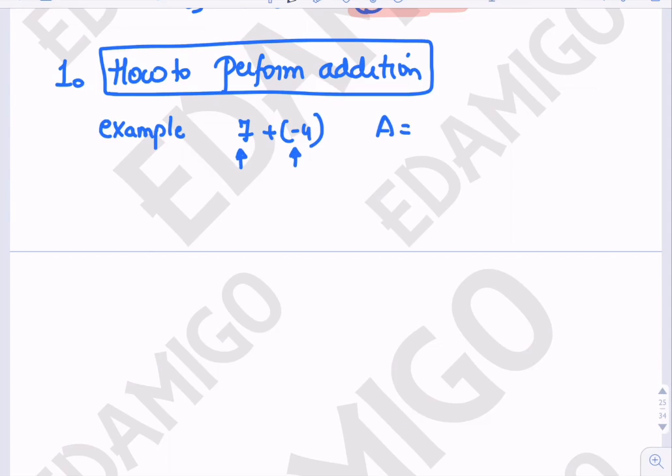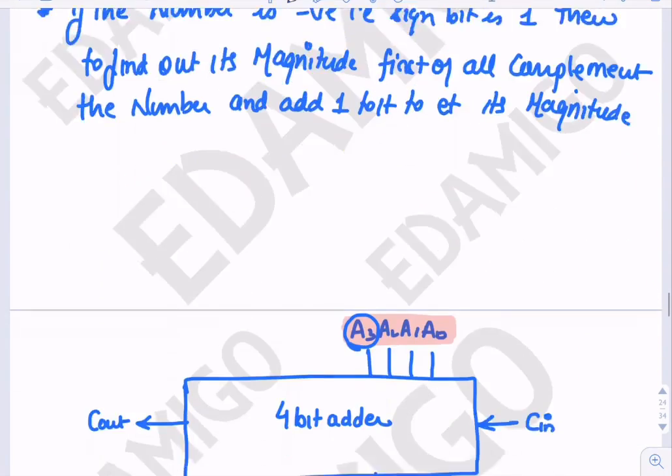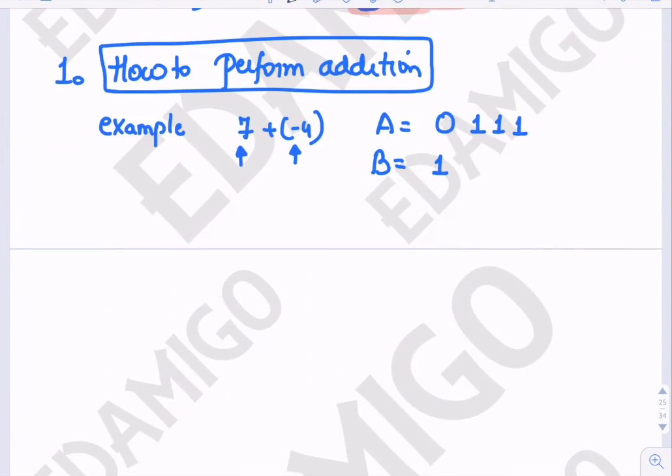A has the sign bit 0, so it is a positive number and it is 7, and B is a negative number, and we know that -4 is written as 1100. Now we will simply add these two numbers.